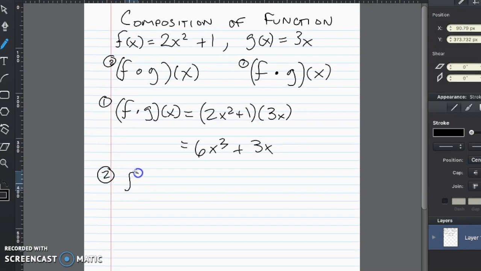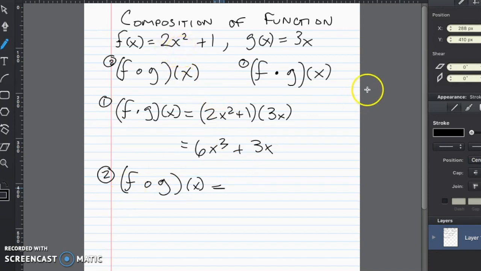So f of g. F of g is usually denoted with an open circle of x. And what we're going to do is we're going to put g inside of f. Okay, so wherever I have an x in my f of x, I'm going to substitute in g of x.